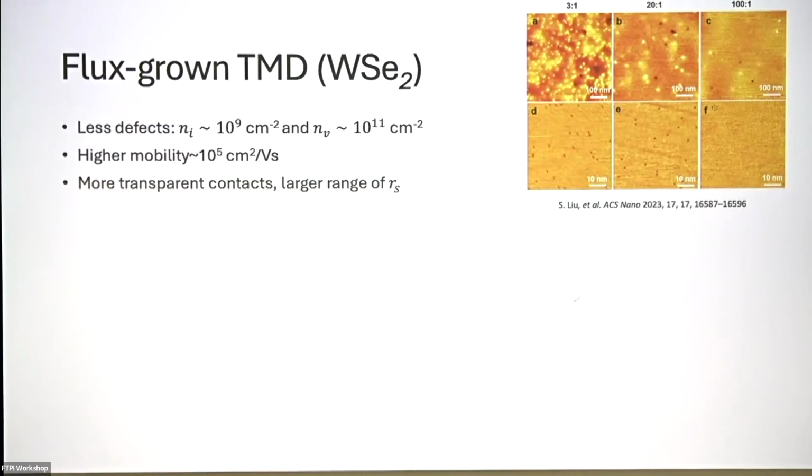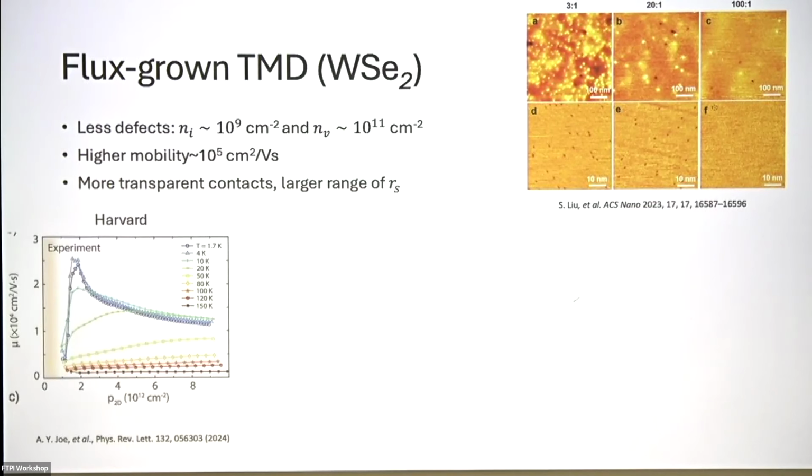And as you can see, by increasing the ratio of the flux density, the charge impurity density decreased a lot. And using this method, people can now achieve very high mobility by increasing by two orders of magnitude. Previously, it's a few thousand. Now they can reach almost like 100,000.